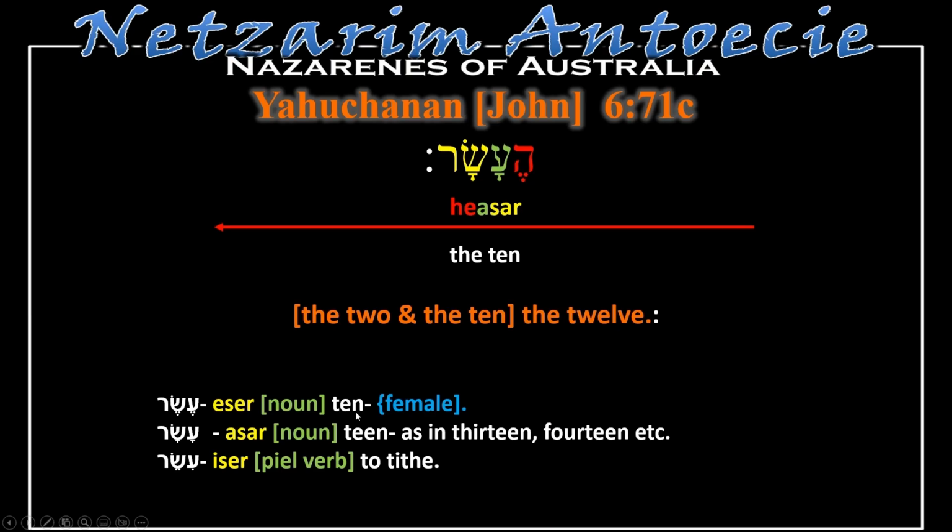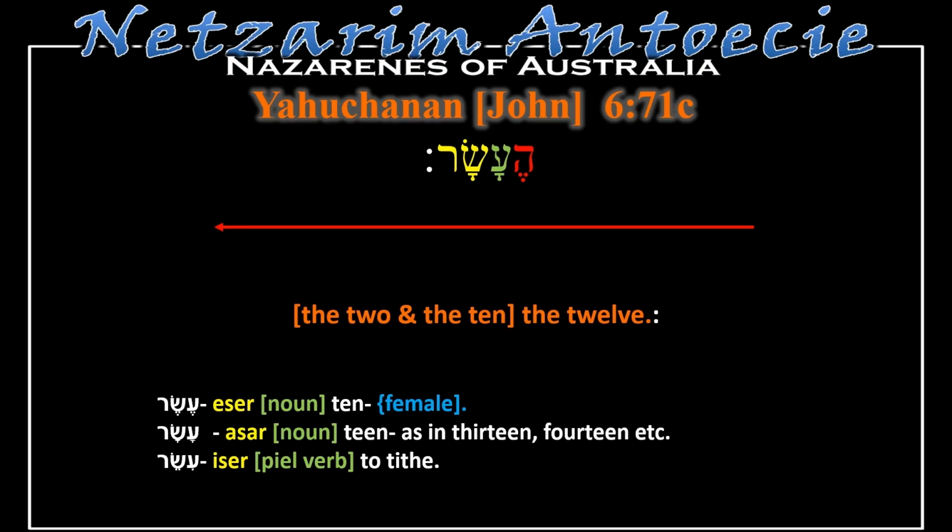Etzer is a noun meaning 10, and it's more or less a feminine form. And then we have asa, which is also a noun used for teen, as in 13, 14, meaning it's the 10 part of the teen. And then we have iser, which is a Piel verb to tithe, all rooted in the concept of 10.